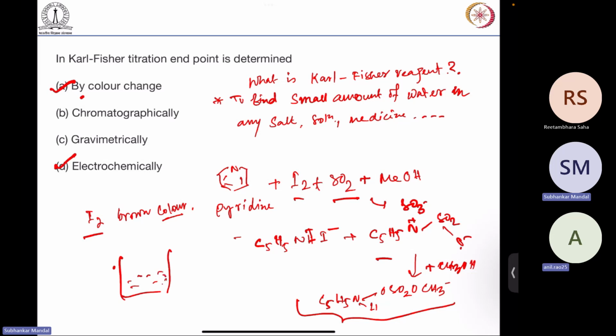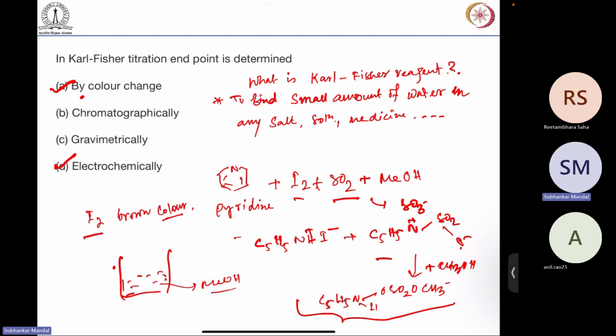Suppose you have taken the analyte in your electrolyte, and in the solution you use methanol. Initially they take the dry methanol solvent and first check whether there is any water in the methanol, because you want to measure how much water is contained in some compound.